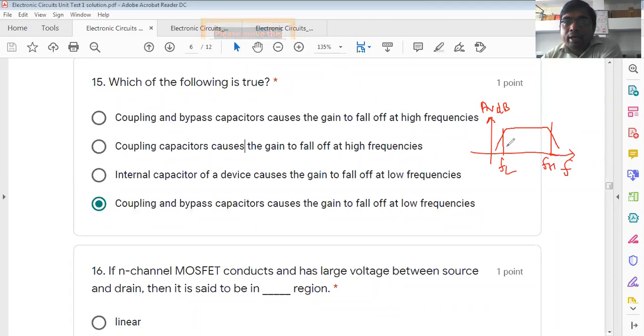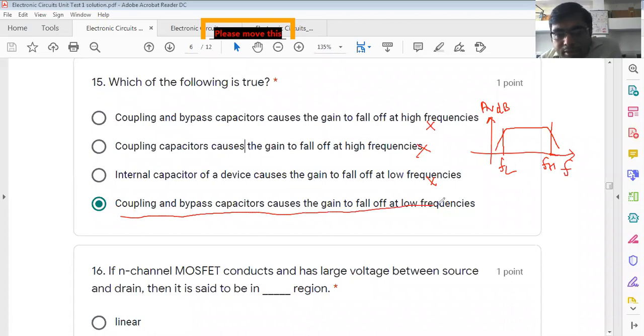Okay, and here we are asked whether coupling and bypass capacitors cause the gain to fall at high frequency. No, it is wrong. The coupling capacitor causes the gain to fall at high frequency? No. The internal capacitor of the devices causes the gain to fall at low frequency? Again, no. The correct option is that coupling and bypass capacitors cause the gain to fall at low frequencies.